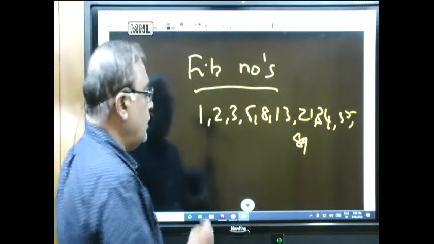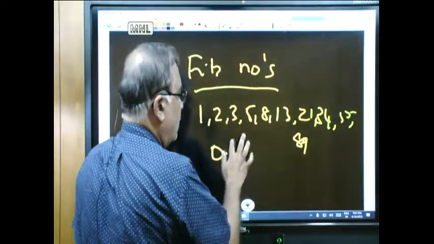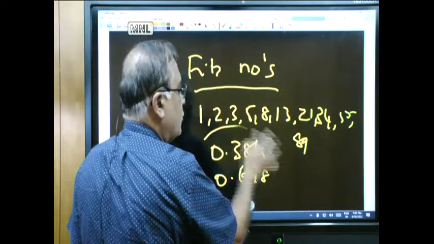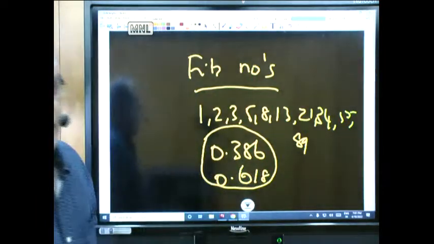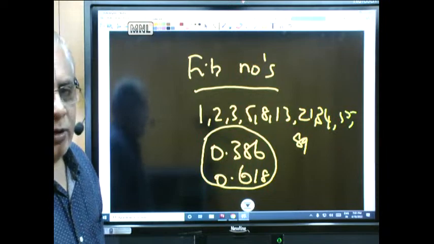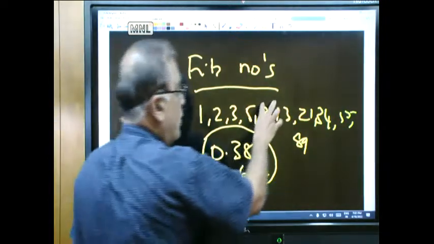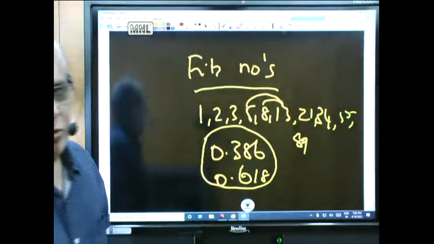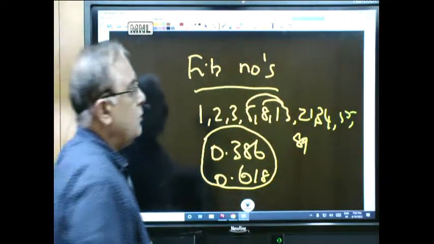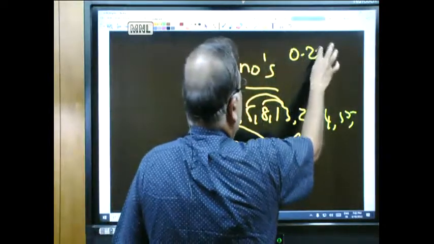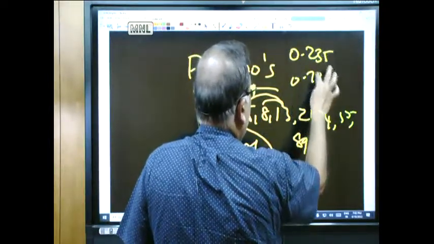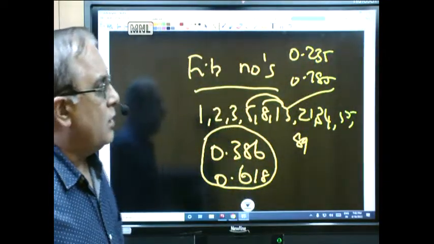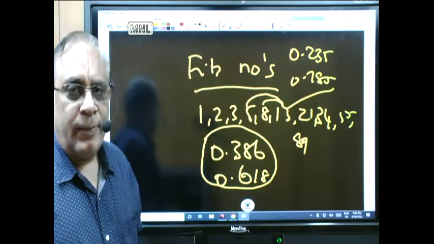The Fibonacci ratios which are very popular are 0.382 and 0.618, which you get when you divide one number by another, and then by the alternate numbers. So you get all these ratios. Then you get 0.236, then 0.786. These are other Fibonacci ratios which are generally used.